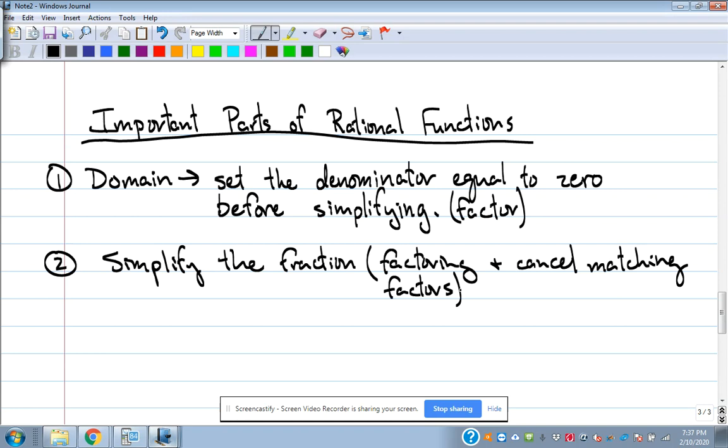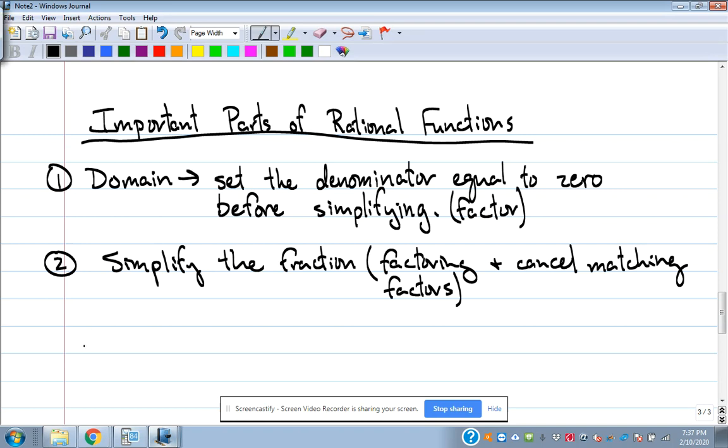That's always going to be your next step, to simplify the fraction if possible. Some of them won't simplify any further, but we've got to check to see if it will before we proceed. So we're finding the domain, then simplifying the fraction, and going from there.